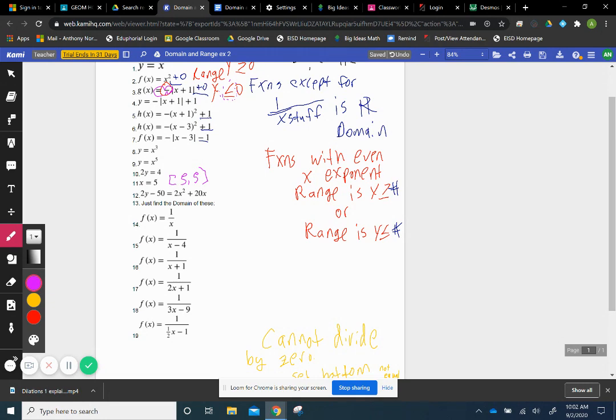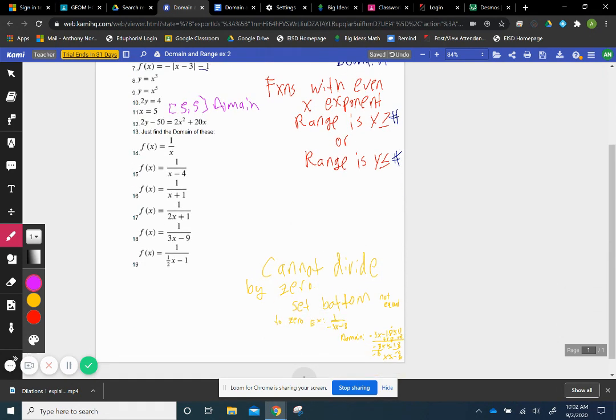So we're going to put the same number twice because it goes from 5 to 5, and the brackets mean equal to. And that's for the domain. For this one, you'll need to solve for y, as in get y by itself, and then put it in your calculator. So here's the real tricky ones, these fractions.